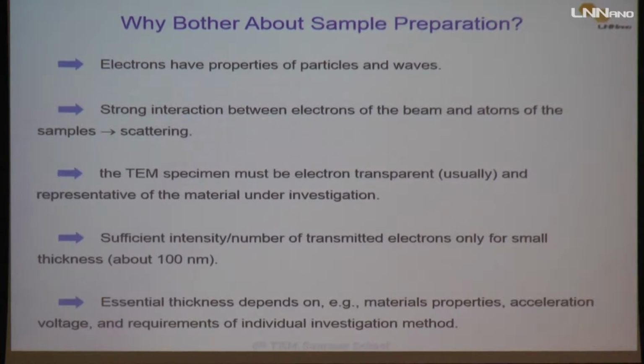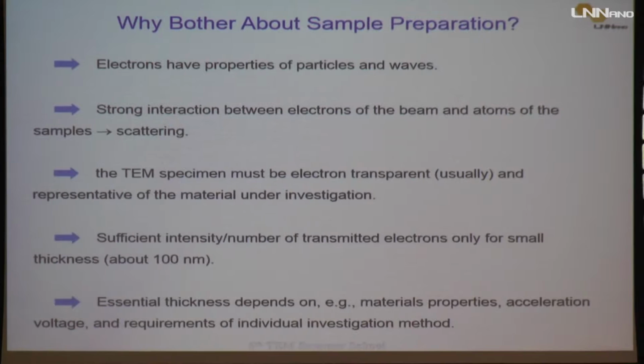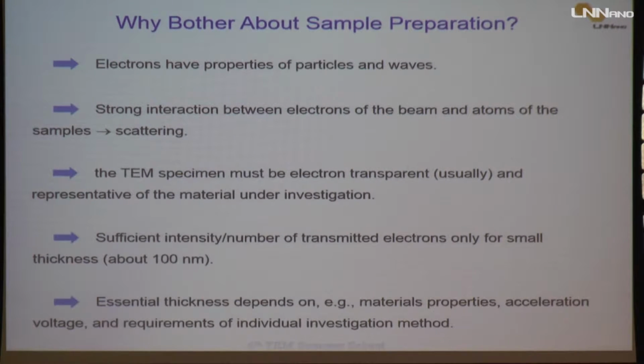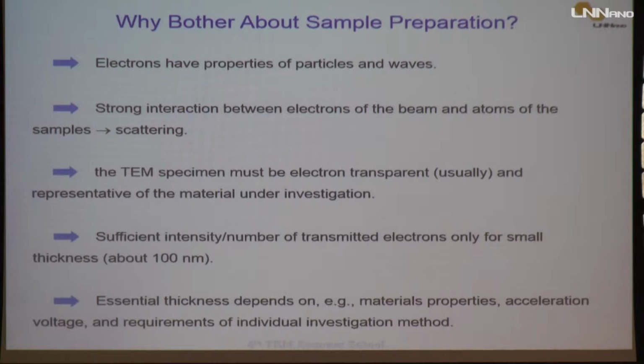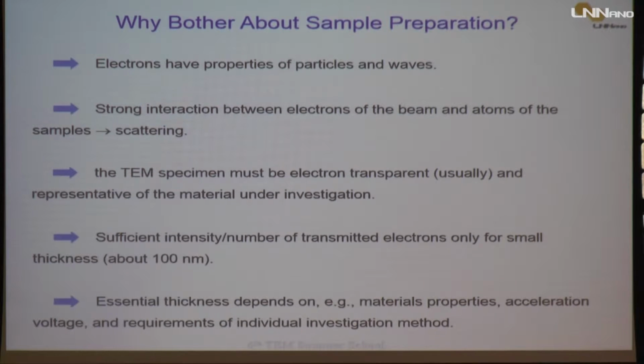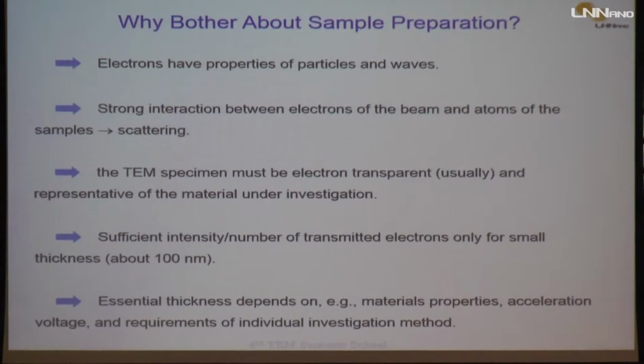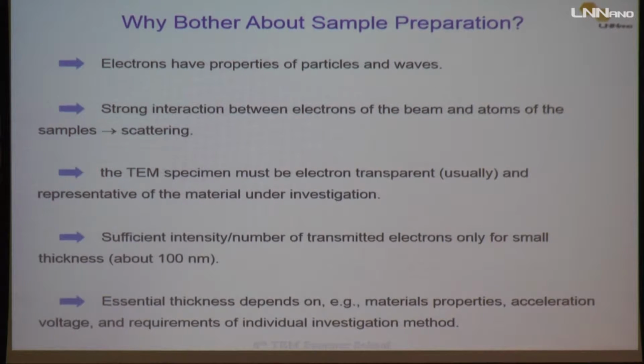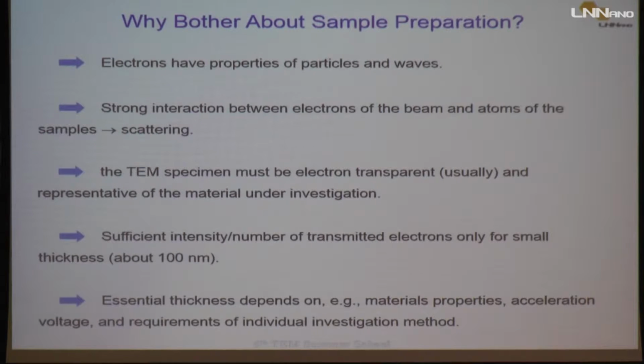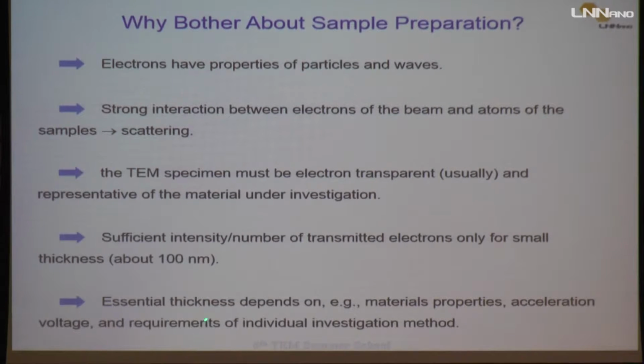It's not impossible to work with a sample that has more than 100 nanometers in thickness, but you will deal with many problems related with multiple scattering and so on. And then the interpretation of your image will become more difficult, not that intuitive, but you need to take into account the idea of multiple scattering and so on.